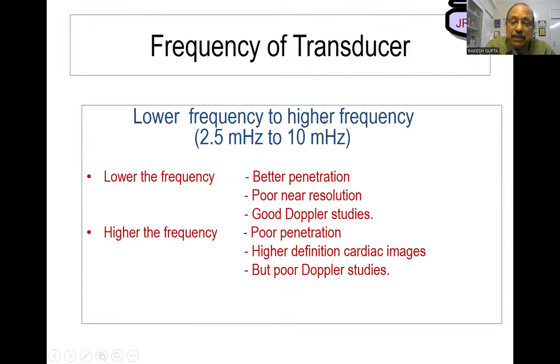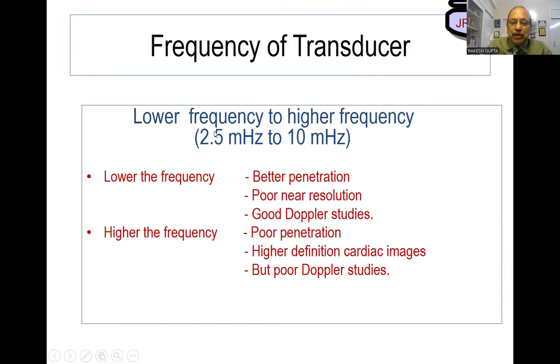Closer structures are best evaluated by a high frequency transducer, but it has poor penetration. So the higher the frequency, the poorer the penetration, but the better the definition of cardiac structures, though poor for Doppler studies.